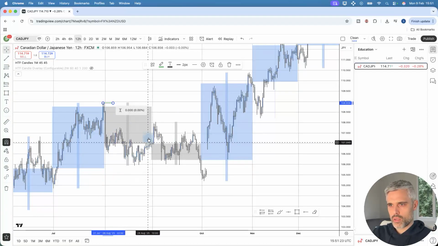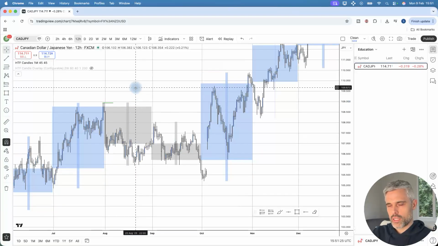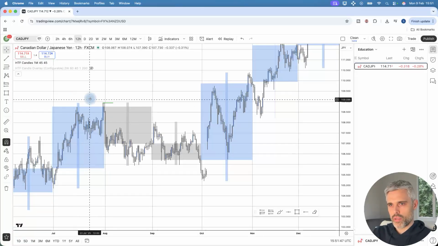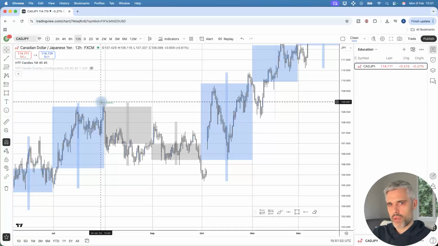When this new candle range opens, and actually just to say, we are trading 12-hour price action, swing trading, monthly, 2-weekly, and weekly trade ideas. So we're starting with our monthly context right here. So this entire range of price action is the monthly range. Price opens and immediately stings into the high of the previous candle range. So we potentially may start to see a reversal at this stage.